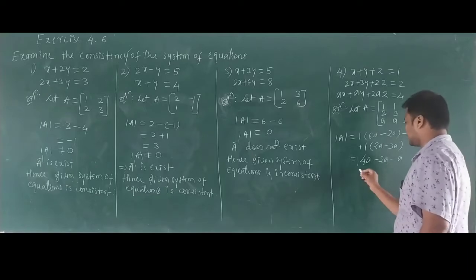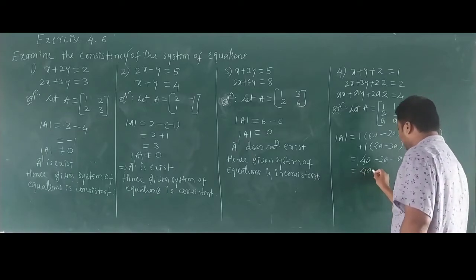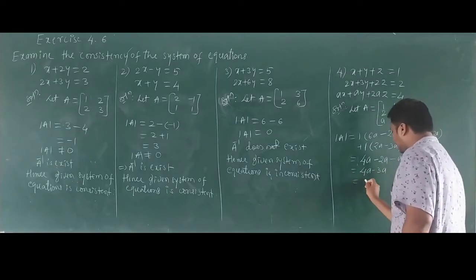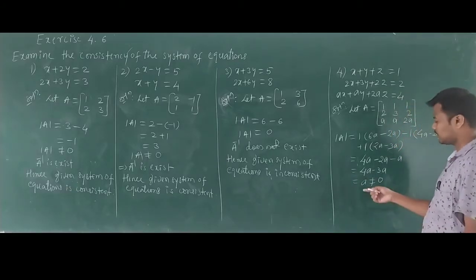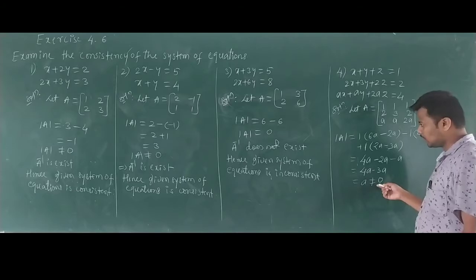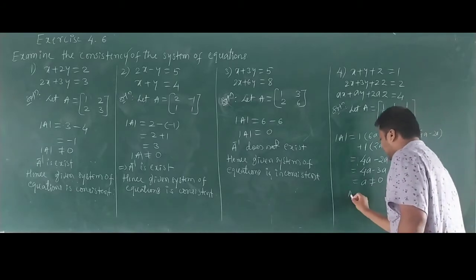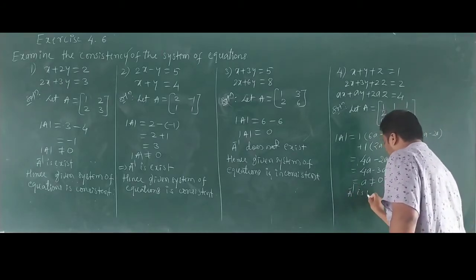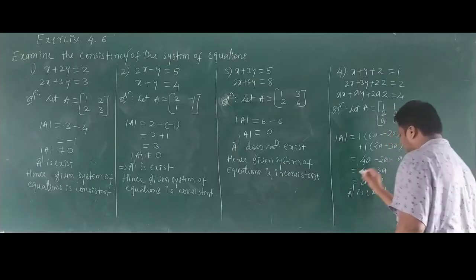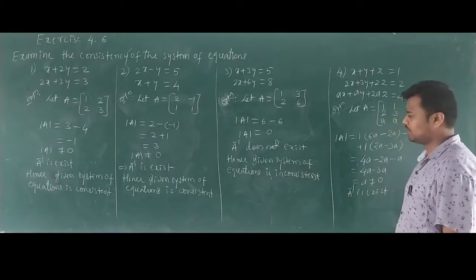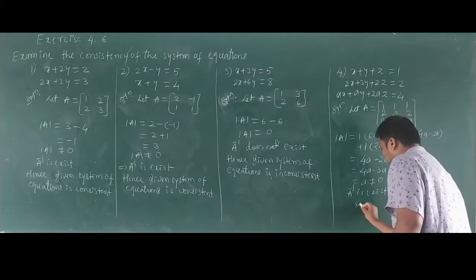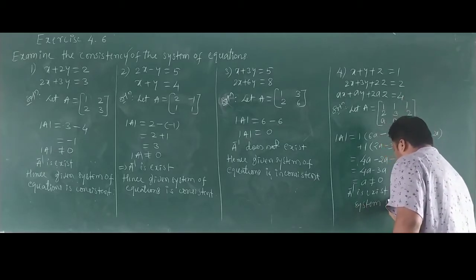So 4a minus 3a equals a, which is also not equal to 0, since a is a constant number not equal to 0. Hence A inverse exists, so the given system of equations is consistent.